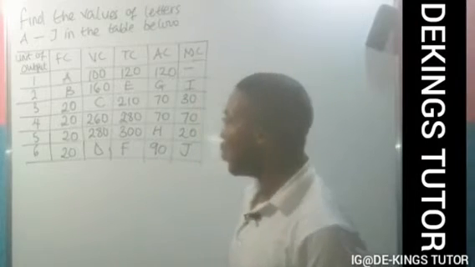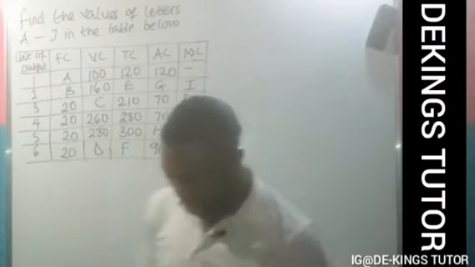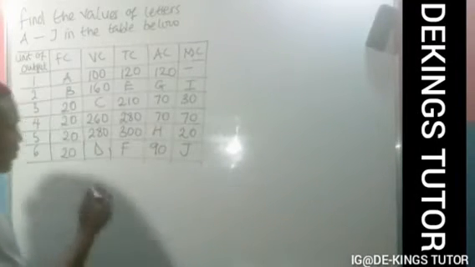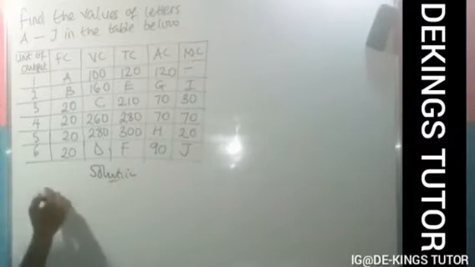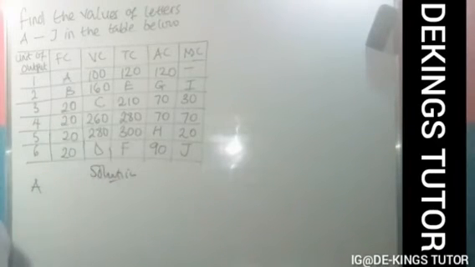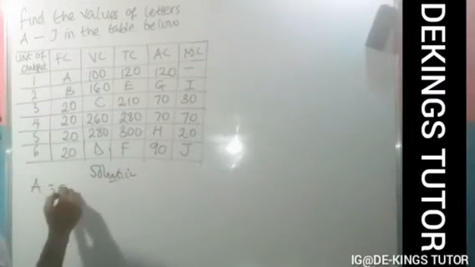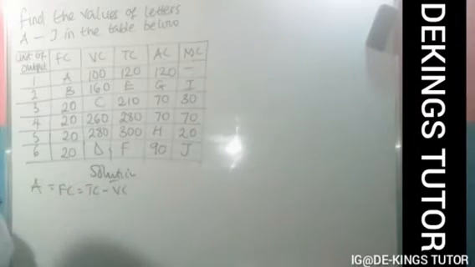We are going to do this very fast, starting from A. Solution. A falls under the fixed cost, right? And fixed cost is total cost minus variable cost.